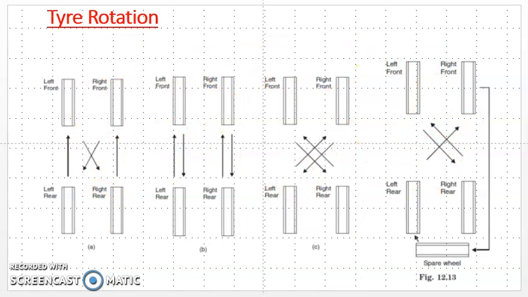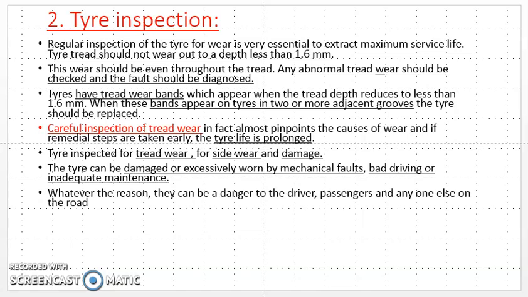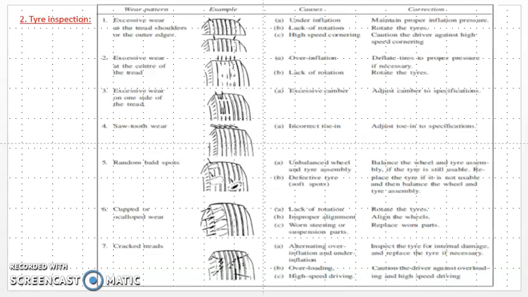There are 4 methods of tire rotation we discussed, as well as the wear patterns, the causes of that wear or the defects on the tire, and the corrections made by the automobile engineer or mechanical engineer.